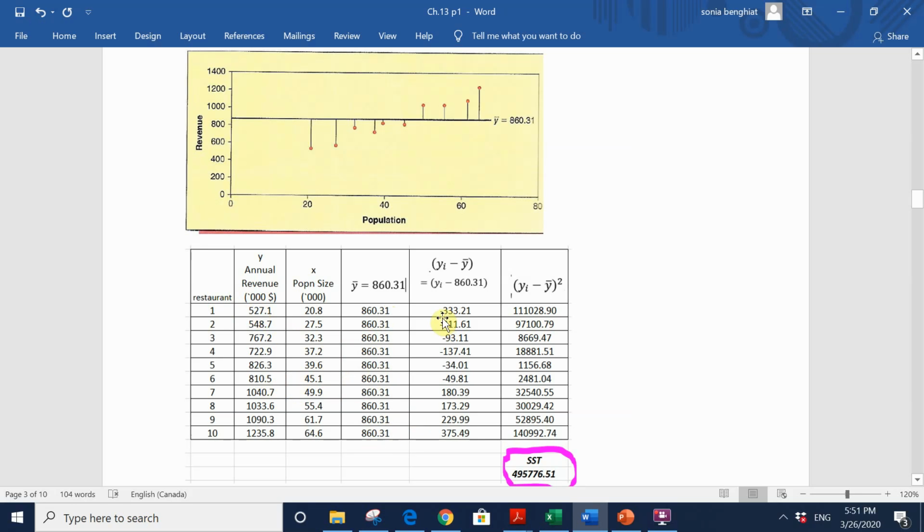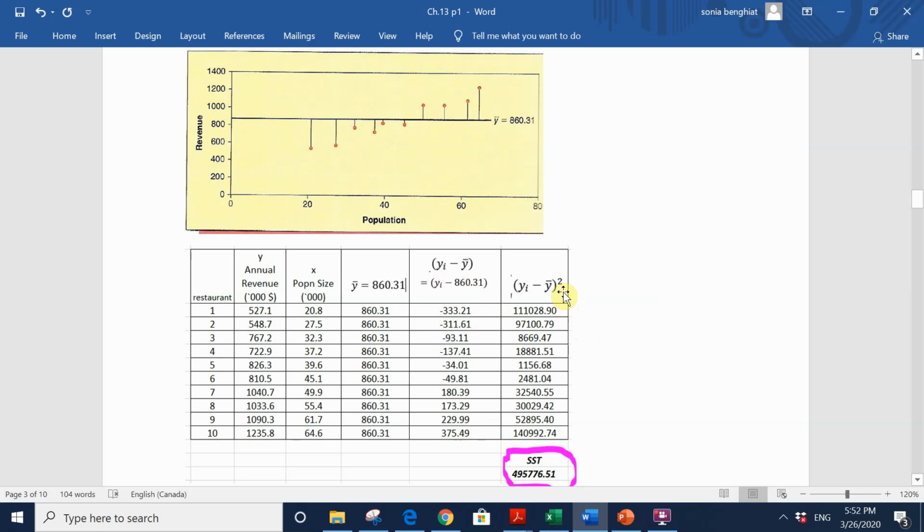Now, it gets a little more interesting when I start to take the deviations. How far is each observed Y deviating from my average value of 860.31? It's these vertical bars that you see right here, and I get these actual values in this column.